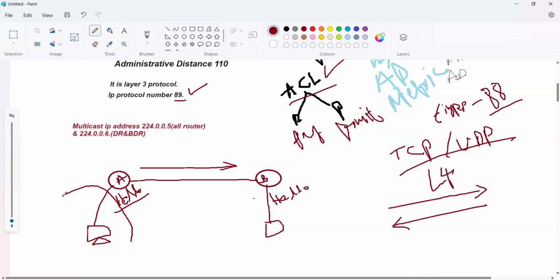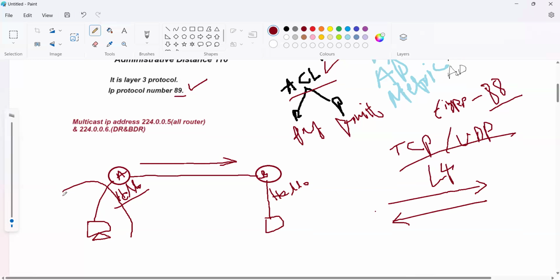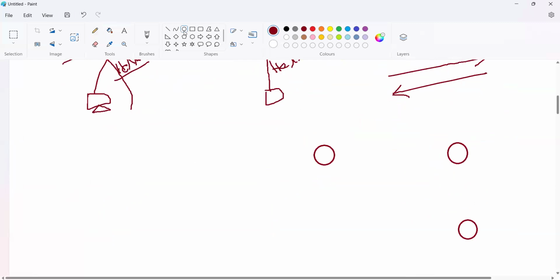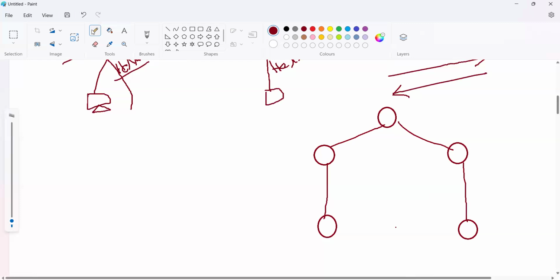And what is the DR router and what is the BDR router? See, we have multiple routers. We configured multiple routers in OSPF, and they are all neighbors to each other. You can assume this is a full mesh topology, with routers 1, 2, 3, 4, and 5.